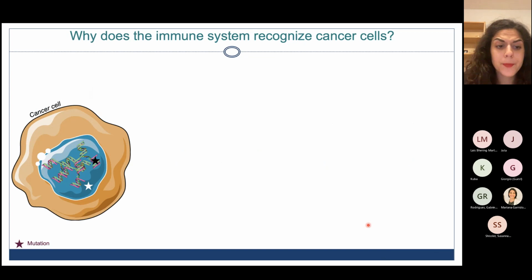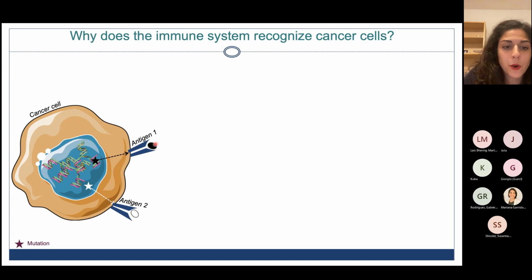Why? Because these damaged cells will have some mutations, as I started to tell you, and these mutations will lead to the formation of antigens. And as I said during the first part, this antigen can be sensed by the adaptive immune system.